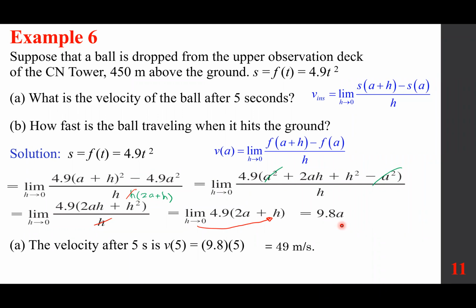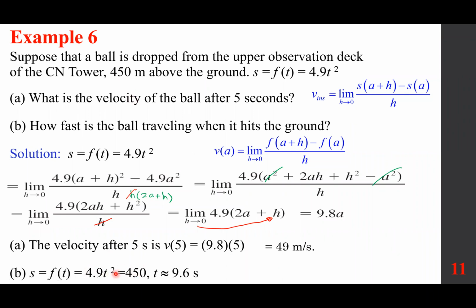Okay, what about the second part? How fast is the ball traveling when it hits the ground? We need to know the time. When does it hit the ground? Well, here's the function. When it hits the ground, it has to cover 450 meters, right? So this is equal to 450.